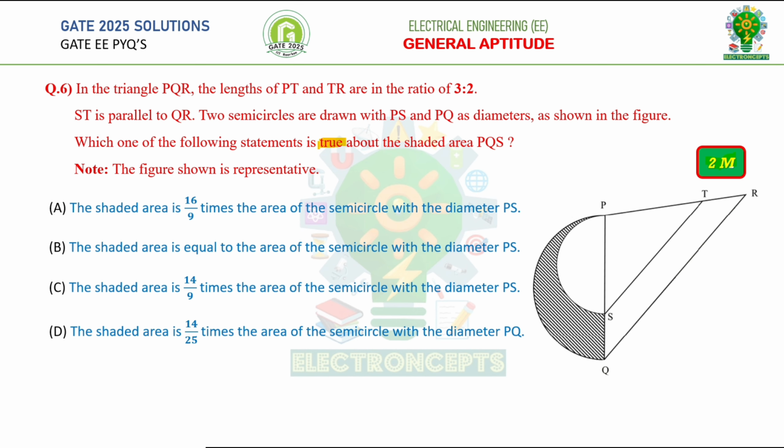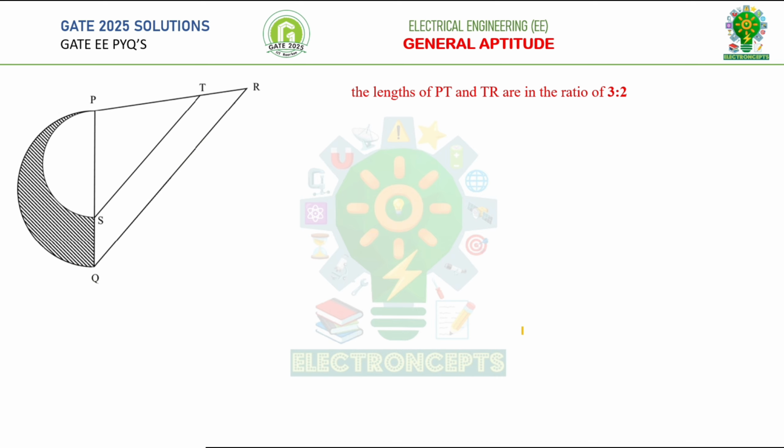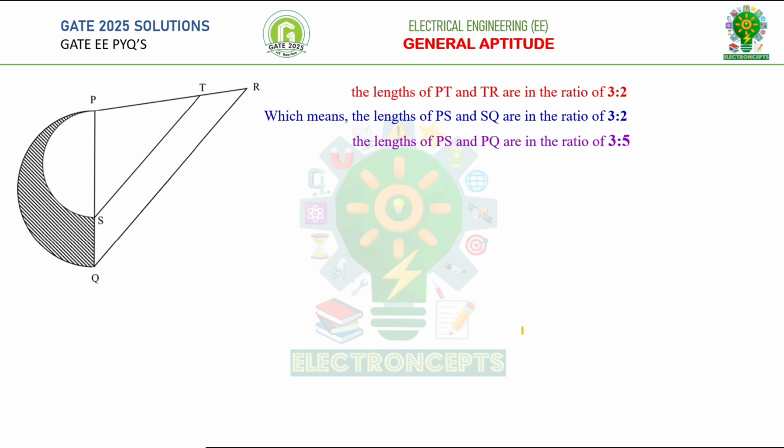Since we need to find the true statement, we need to calculate the area of the semicircle with the diameter PS, and also the area of the semicircle with the diameter PQ. Now let's calculate each area. Since the lengths of PT and TR are in the ratio 3:2, the lengths PS and SQ must be in the ratio 3:2, which means the lengths of PS and PQ are in the ratio 3:5.